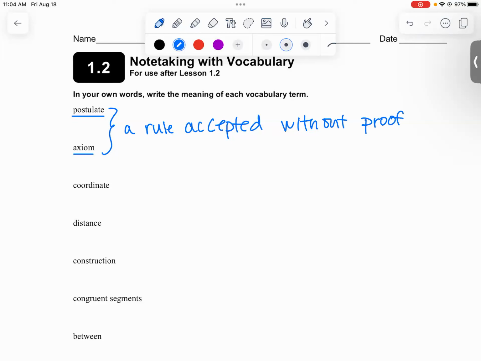Proof is going to be a trigger word for you. When we get into chapter 2 and throughout all of first semester, a lot of what we do in geometry is proving things to be true. Mathematicians, we prove things that are true. Now there are some things that we just accept and we can't prove, like the sky's blue.